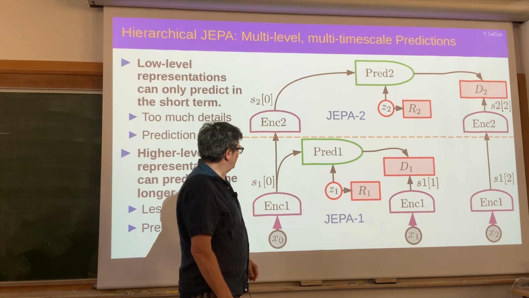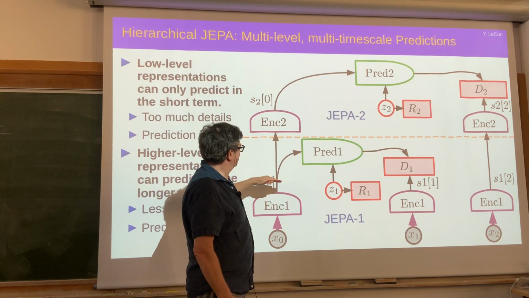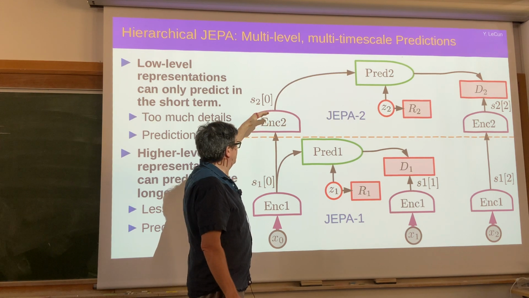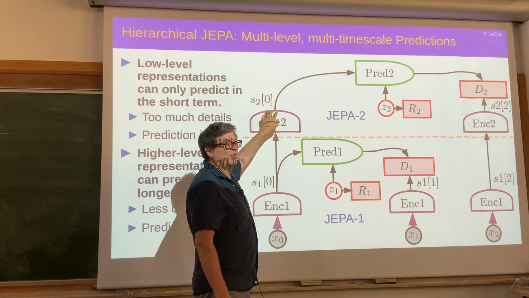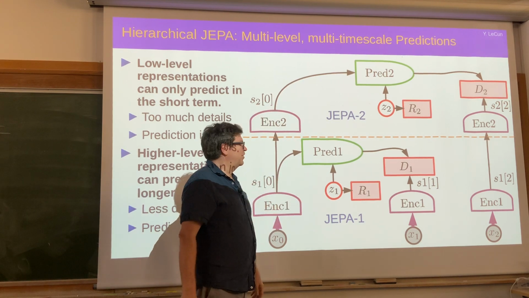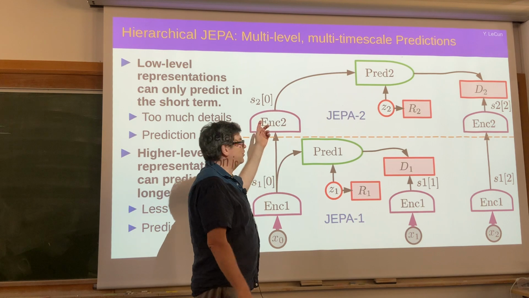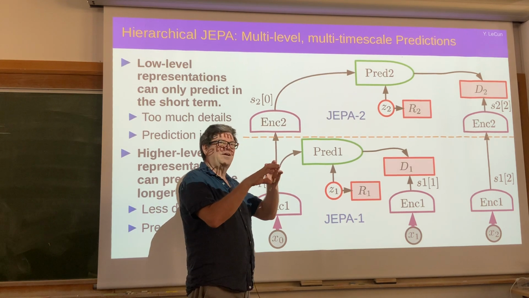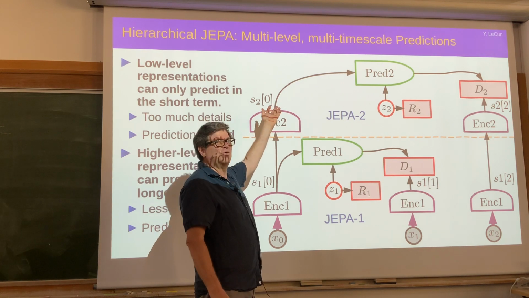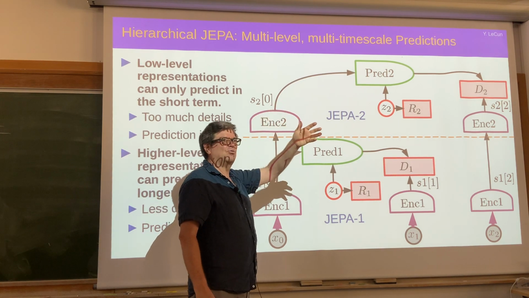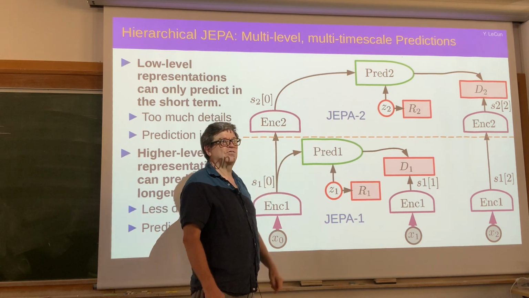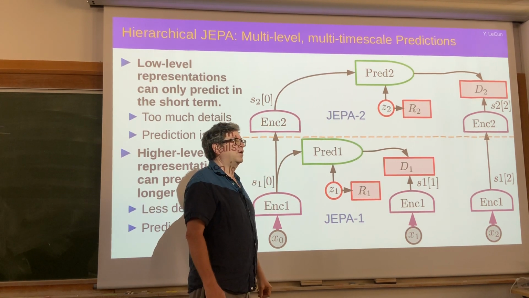But what you can do is go one level up in abstraction level. Now you have a more abstract representation of the world that eliminates the leaves' motion on the trees, eliminates the details of the turbulent eddies around the wing of an airplane, and has a less complete but more qualitative description of the world. And this allows you to make longer-term predictions.